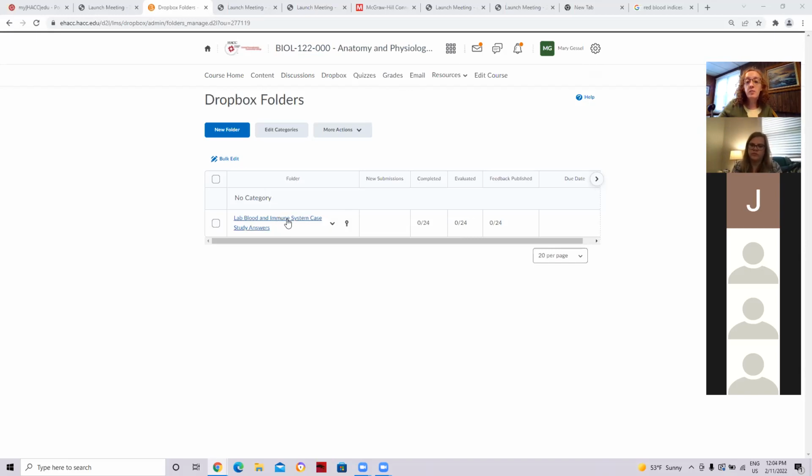And when you submit them in the Dropbox folder right here, I need them submitted as a JPEG, a PDF, or a Word document. If you submit them as some other type of file, I may not be able to open them. I can't open Google Docs.